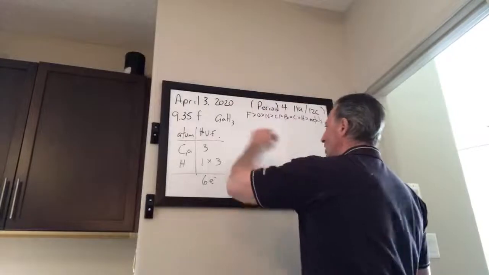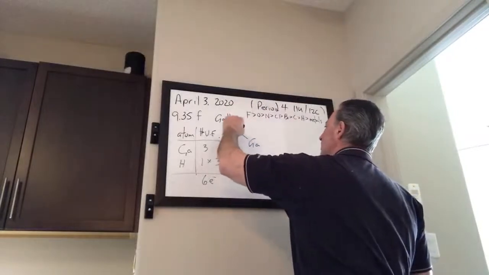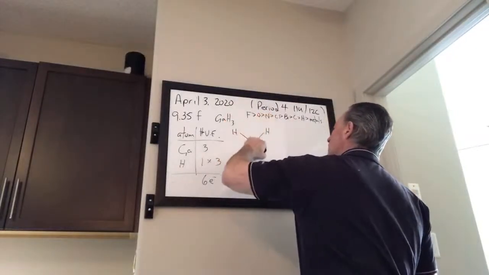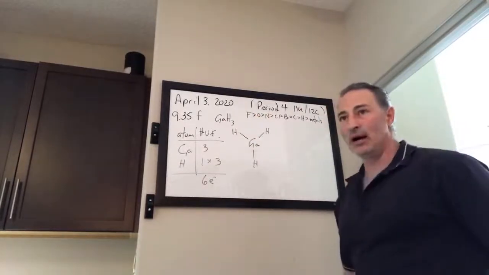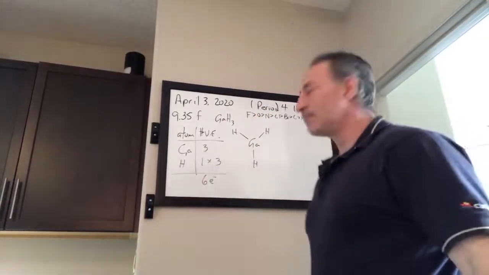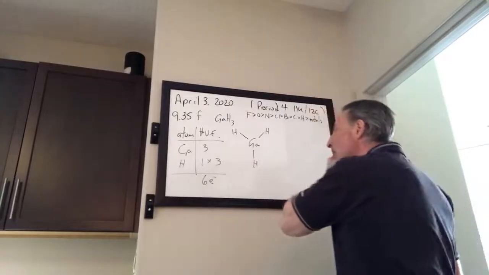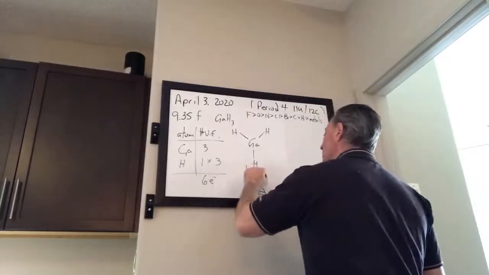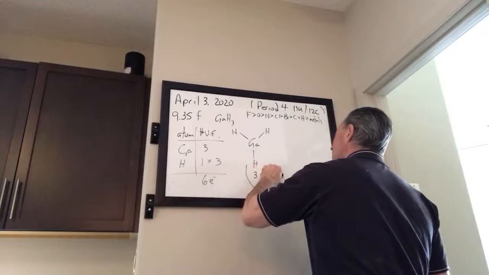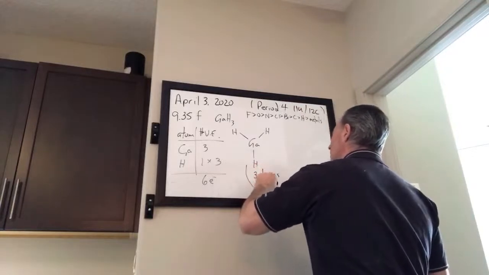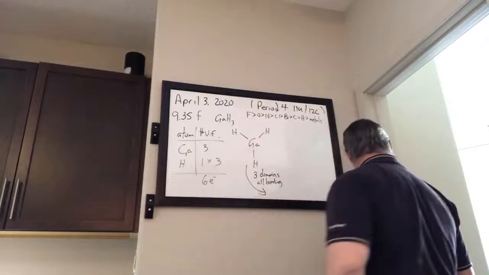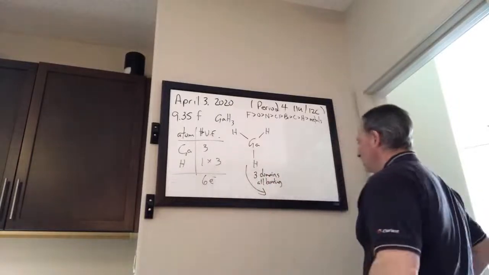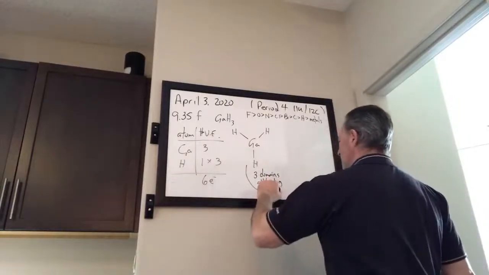So 6 electrons. There's 6 electrons in gallium hydride. So that's 3 domains, all bonding, and that means it's going to be trigonal planar.